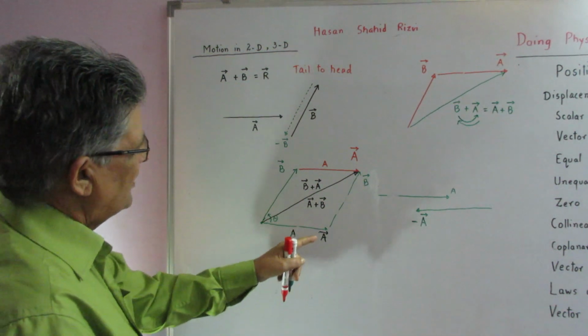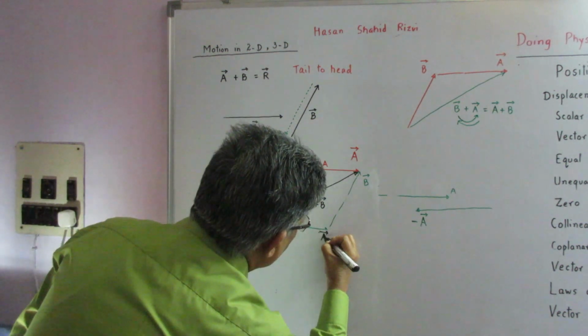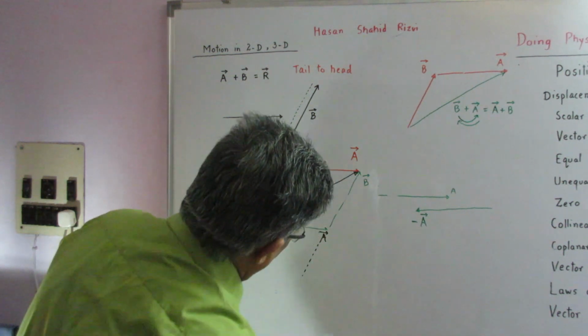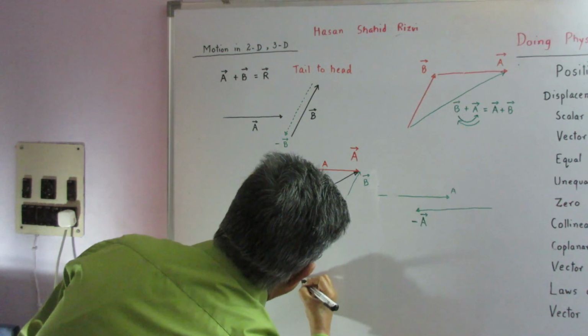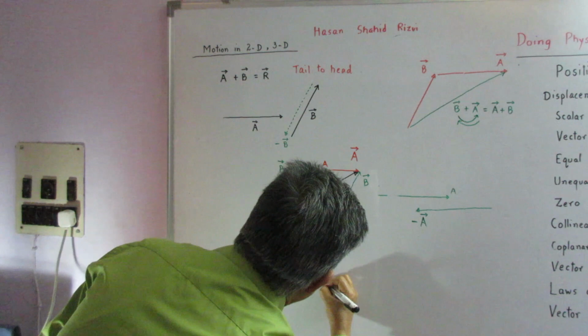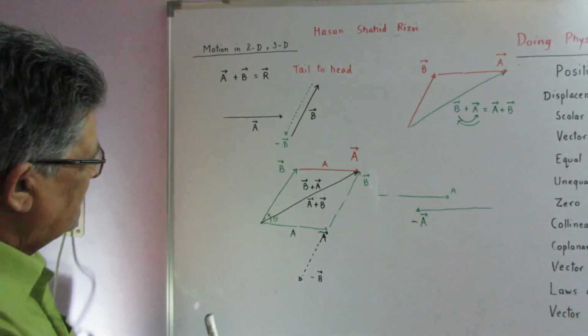Now, it will be interesting to argue that if I have vector A minus vector B, you can make several things. You have got a paper, you have got more liberty than I have. This vector becomes equal to vector minus B. So if I add them together, then what do I obtain?